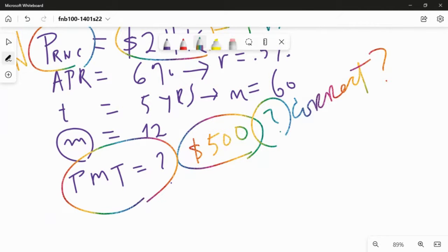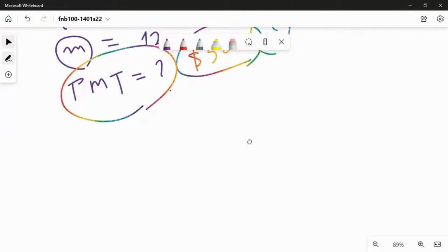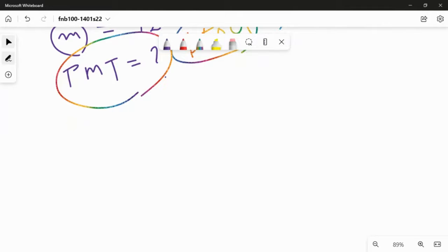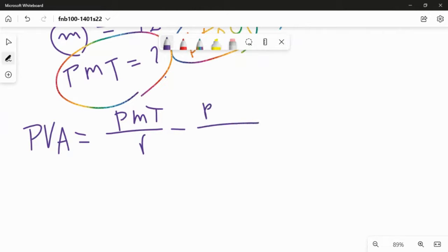We need to solve the present value of annuity equation for payment. We all know the present value of annuity formula. Present value of annuity is payment over R minus payment over R times 1 plus R raised to N.